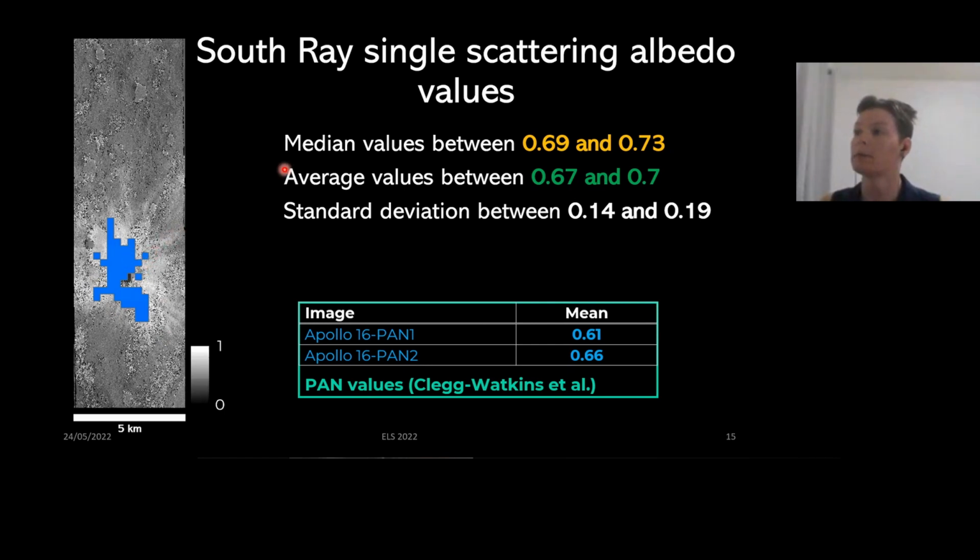And we obtain median values between 0.69 and 0.73, and average values between 0.67 and 0.07. And previously, Ryan, Fleck, Watkins, and collaborators obtained similar values, although they are a bit lower. But this could be due to variations in boulder count and maturity.